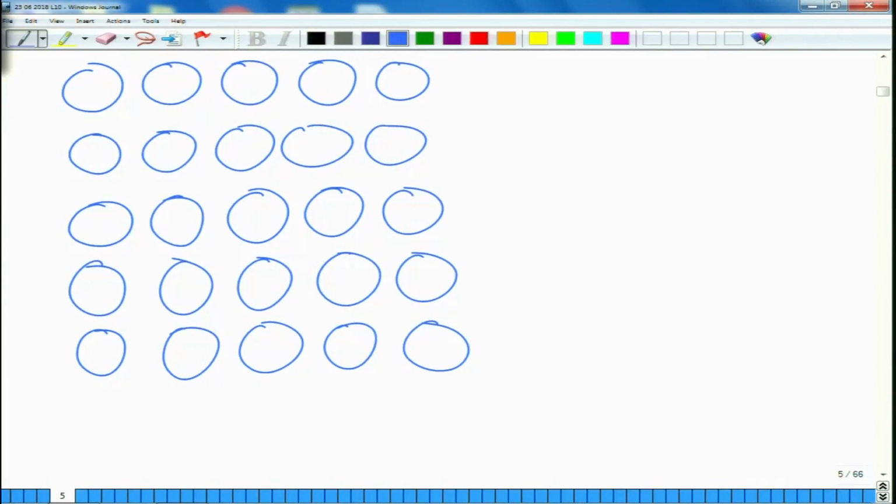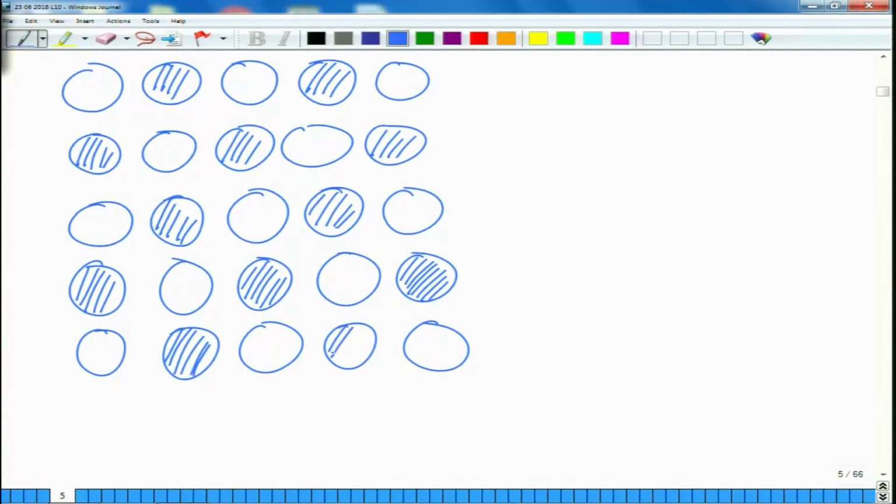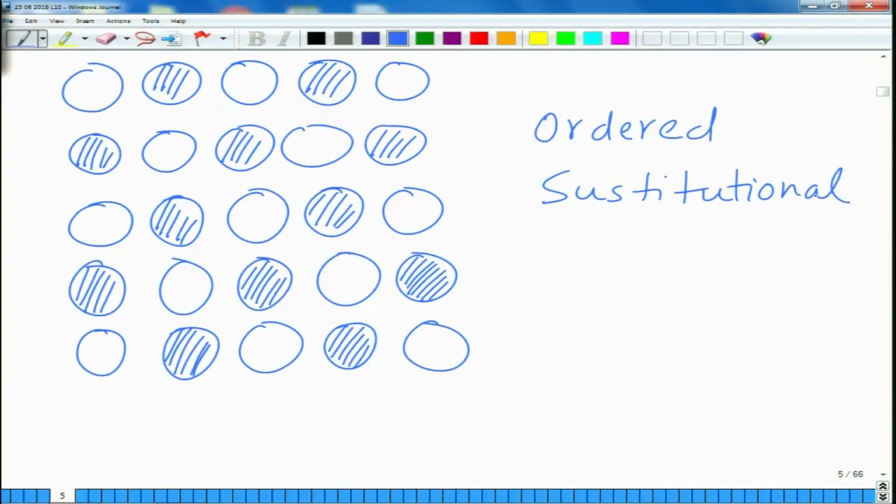Now, here let us say the first arrangement could be like this. So, these are basically ordered substitutional solutions.